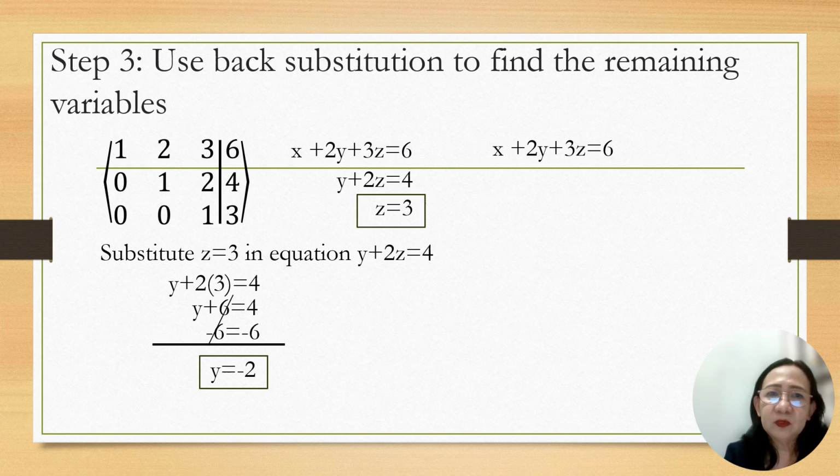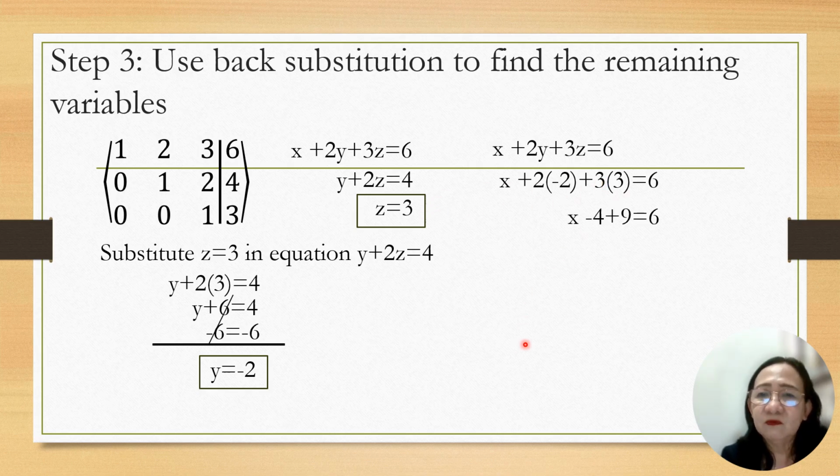Now, let us look for the value of x. So using the first equation, x plus 2y plus 3z is equal to 6. Let us substitute the value of y, which is a negative 2, the value of z, which is equal to 3, and then simplify. 2 times negative 2 is negative 4, and 3 times 3, that is 9. Combining negative 4 and 9, that is 5.